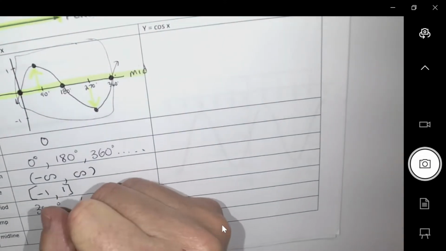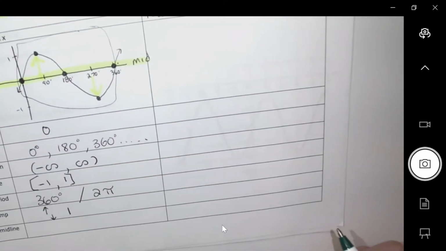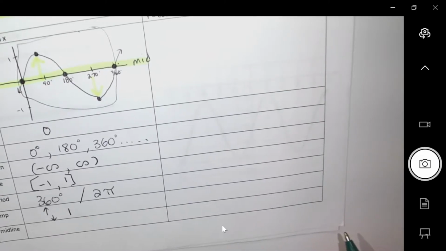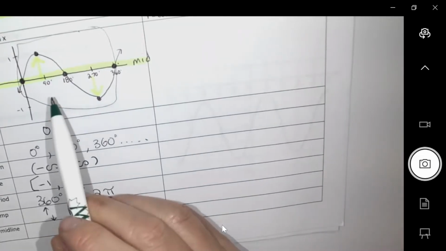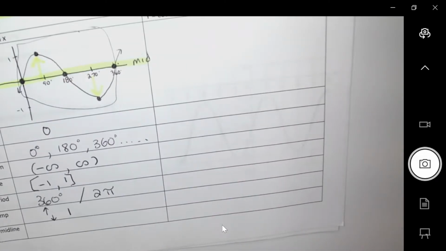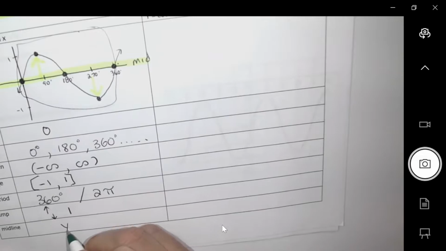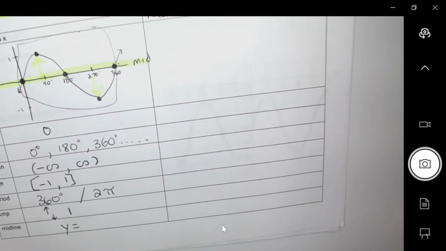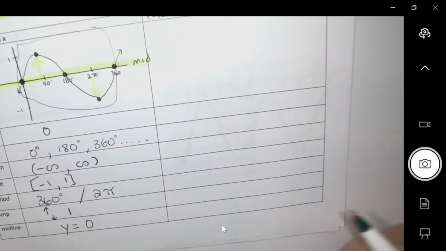I'm only 1 unit up. I'm only 1 unit down. And what is that middle height? Y is what height number there? 0.